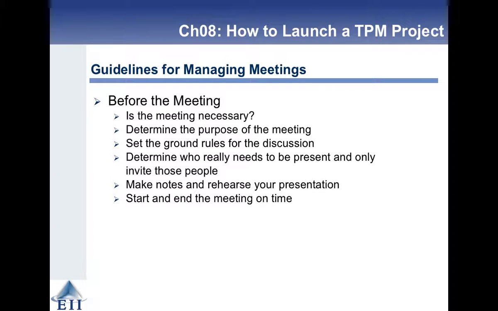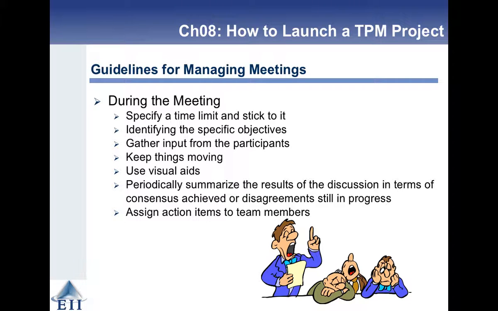So, prime thing is, is the meeting necessary? And all of these things are pretty good. Start and end the meeting on time. So during the meeting, keep to that time limit. Do gather input from the participants. It's not just a one-way street. It's not just one person talking.